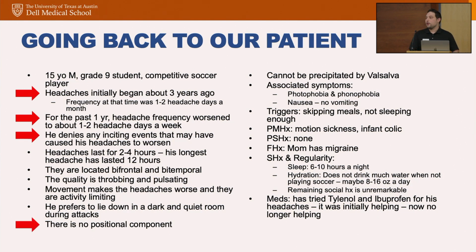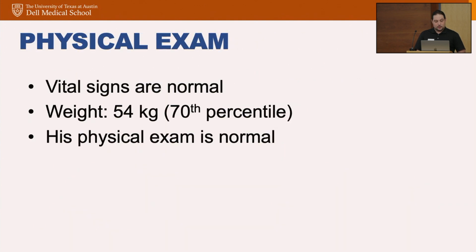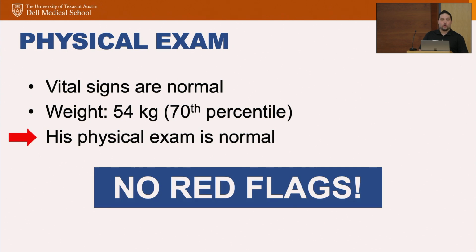There's no positional component to his headaches. They can't be precipitated by Valsalva maneuver. His mom has migraine. Looking at his physical exam once again, it was completely normal. So based on that, I can comfortably say there's no red flags.